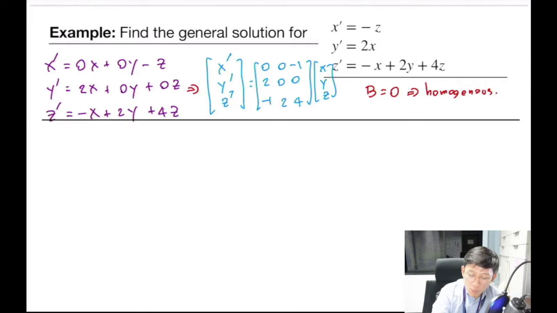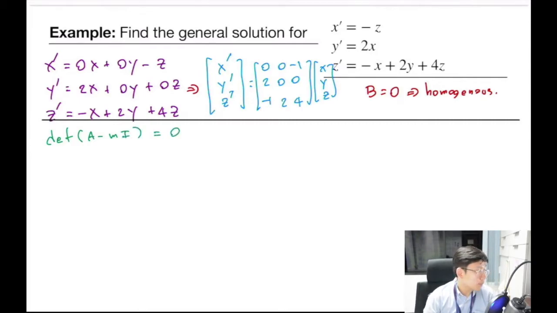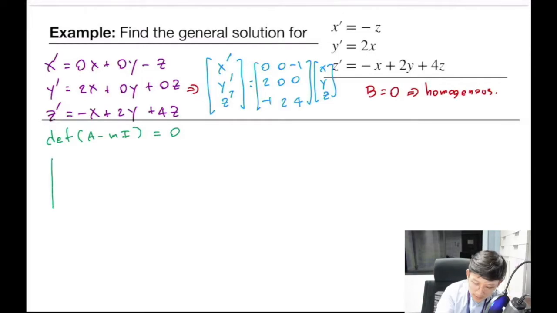So we begin with this characteristic equation, which is the determinant of A minus mI equals 0, which means that it is 0 minus m, 0, minus 1, 2, 0 minus m, 0, minus 1, 2, 4 minus m.